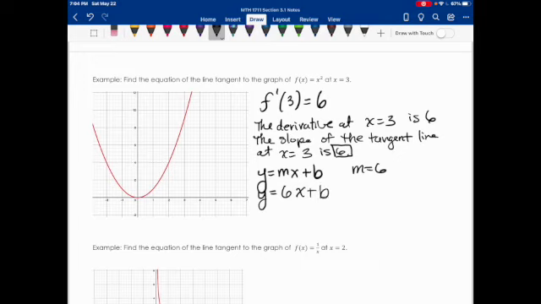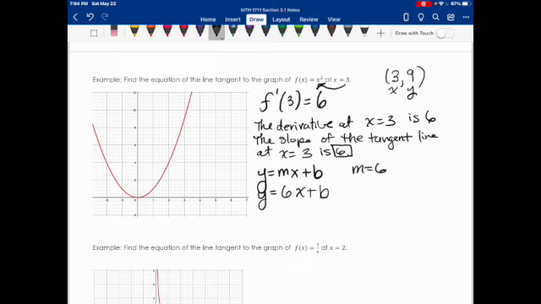Okay, now we have to plug in a point for x and y so we can find our value of B. Well, we want to make sure that we're picking a point on the tangent line, and we know that the point on the tangent line that touches the curve is x equals 3, and the corresponding y value would be 9, because when I plug 3 into the function, I get out 9.